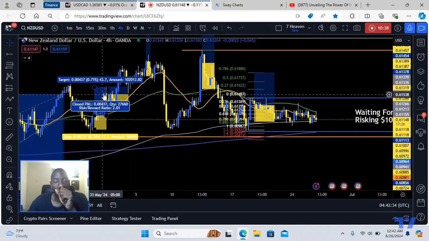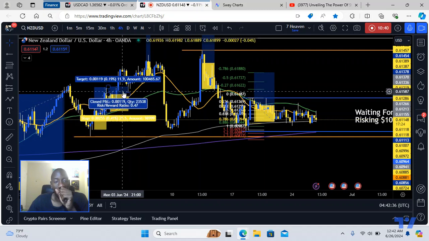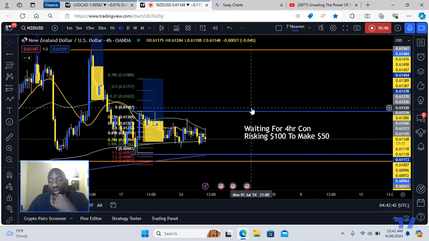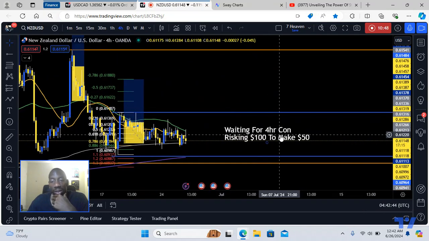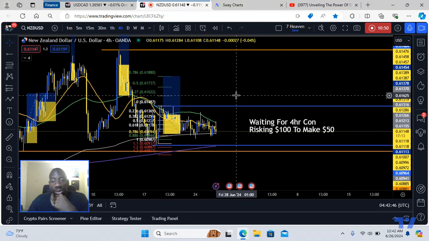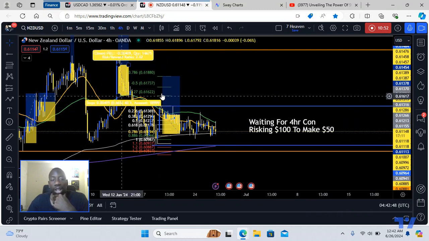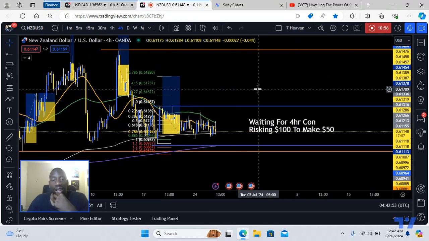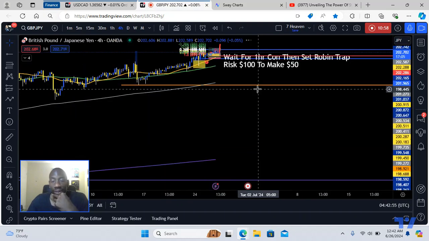So I'm waiting for this win, and we risked the 200 to make 100 on this one. So the next setup, we risk 100 to make $50 on this one. So we're basically risking what we made here. That's what it is, man. I keep that in check with the risk management.